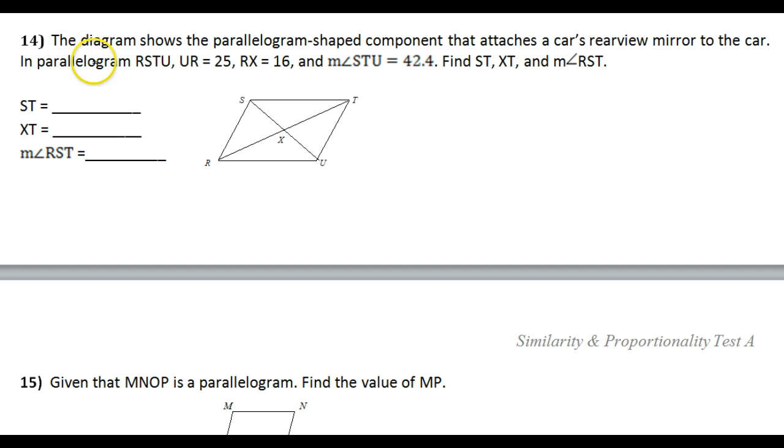So in number 14, the diagram shows the parallelogram-shaped component that attaches a car's rear view mirror to the car. In parallelogram RSTU, UR is 25. UR is 25. RX is 16.